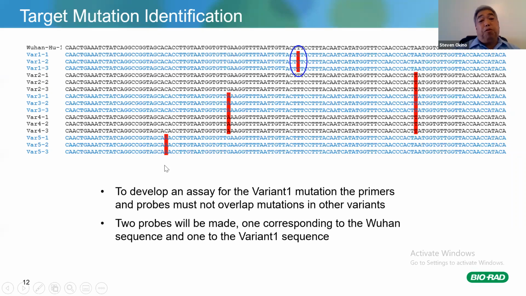And if you design your primers with one of these mutations in them, it will not work. You really have to get around these. So to develop an assay for variant 1 mutations, the primers and probes cannot overlap mutations in other variants. And the other thing, I make 2 probes, one corresponding to the Wuhan sequence and one to the variant 1 sequence.